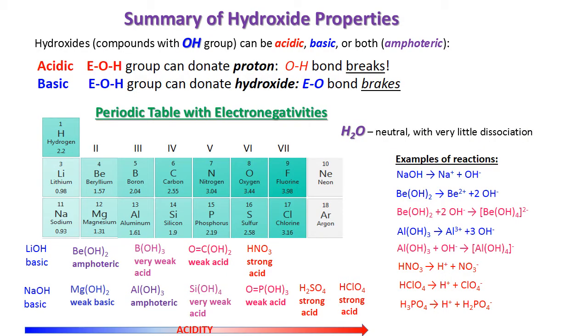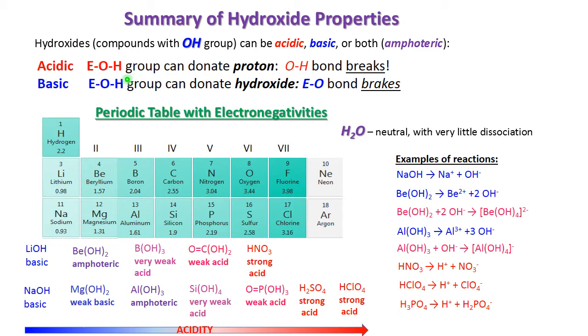This last case is very interesting, so I'll remind you what we name acidic, basic, or amphoteric compounds. An acidic hydroxide of element E has an OH group that can donate protons. So the O-H bond breaks and H plus ion is released.